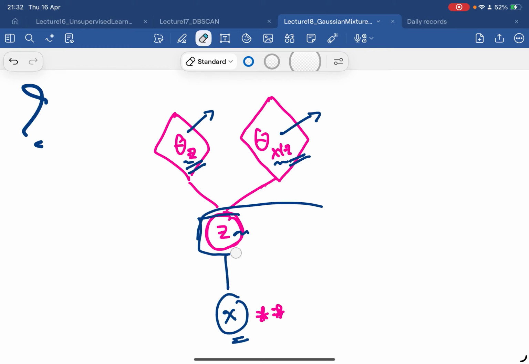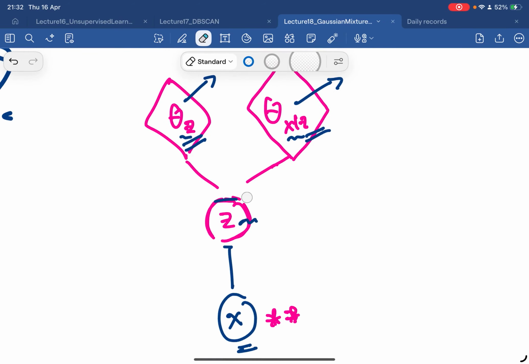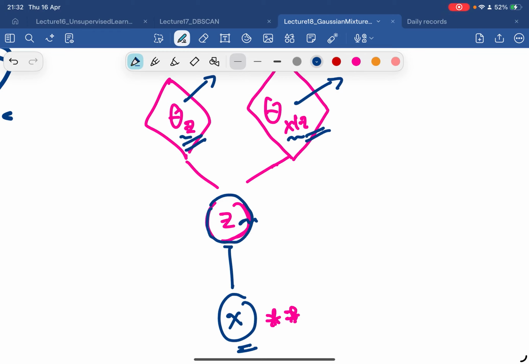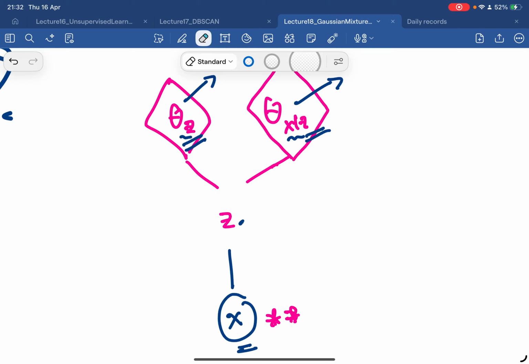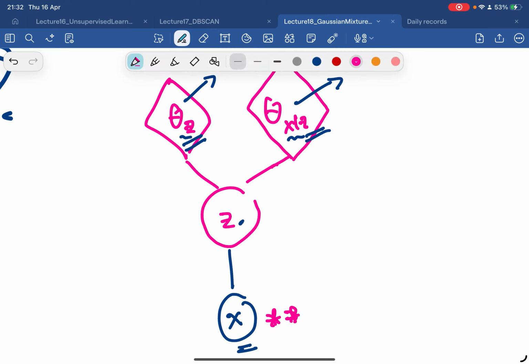Like, for example, if you're familiar with the denoising task, maybe you can assume that X is also influenced by Z. Let's say Z is your noiseless image, but X is whatever you observe, which is noisy, and you try to get Z back.